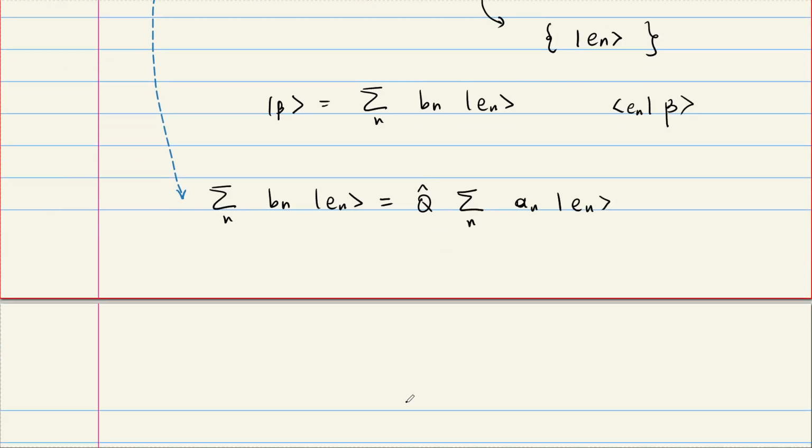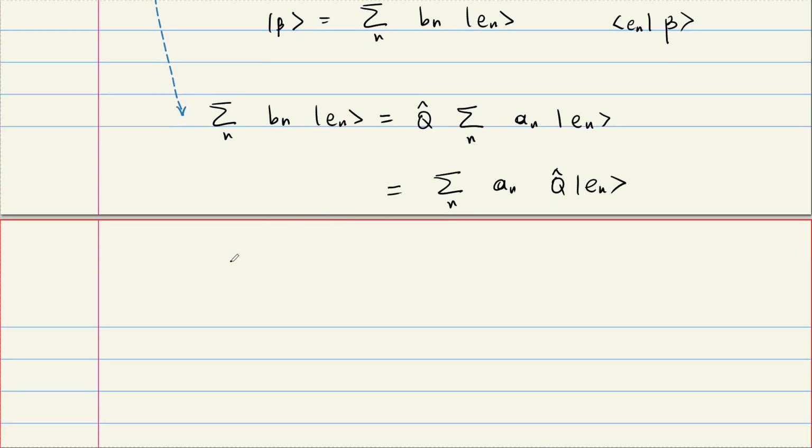This is just the expansion coefficient. This operator is going to go and hit on the expansion basis element. So this is going to be the sum over n, a_n, Q, e_n. Now I can take the inner product with some e_m on both sides.